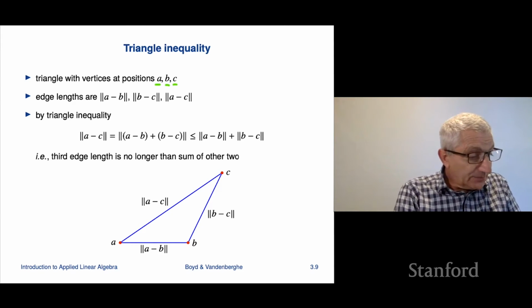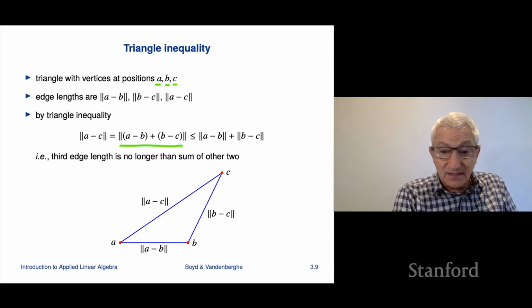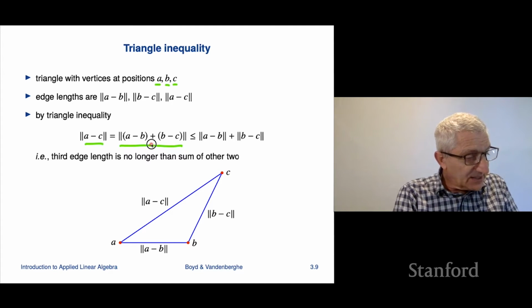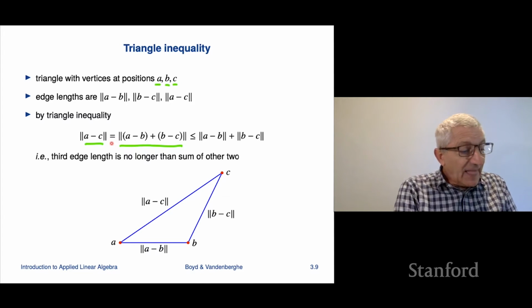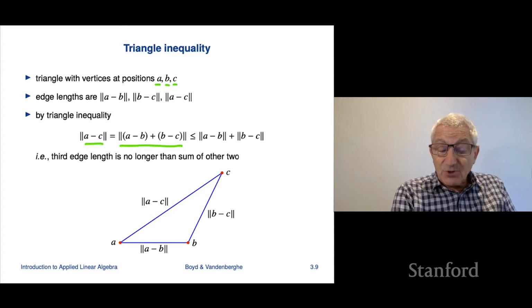The triangle inequality says that the sum of two vectors... So first of all, I've added B and subtracted B going from this equation to this equation. So nothing's changed, so I have an equal sign here. And now I'm using the triangle inequality. Triangle inequality says that the norm of a sum is less than or equal to the sum of the norms.